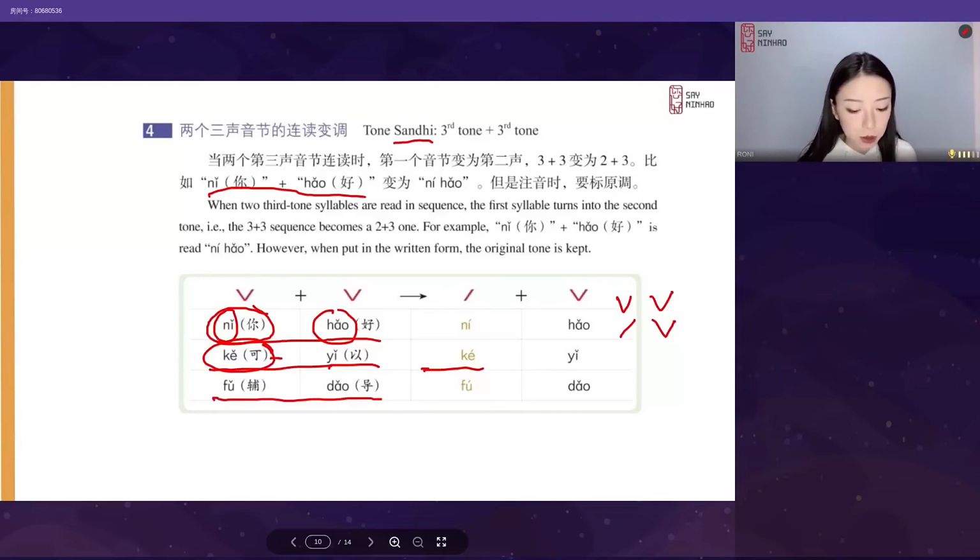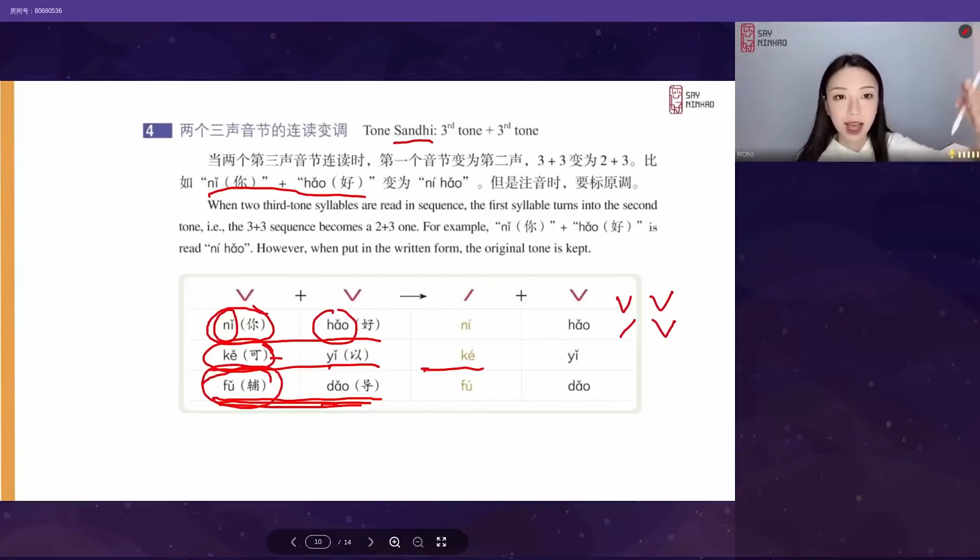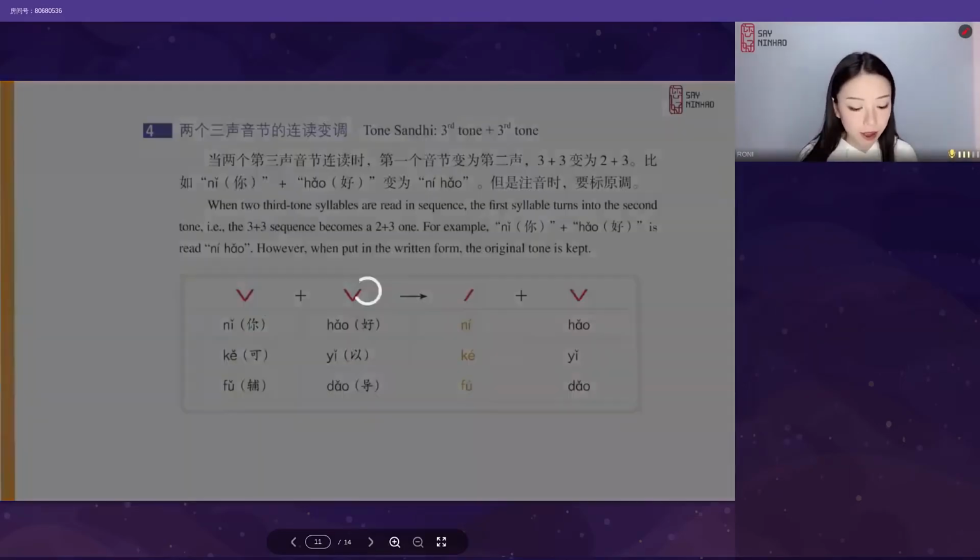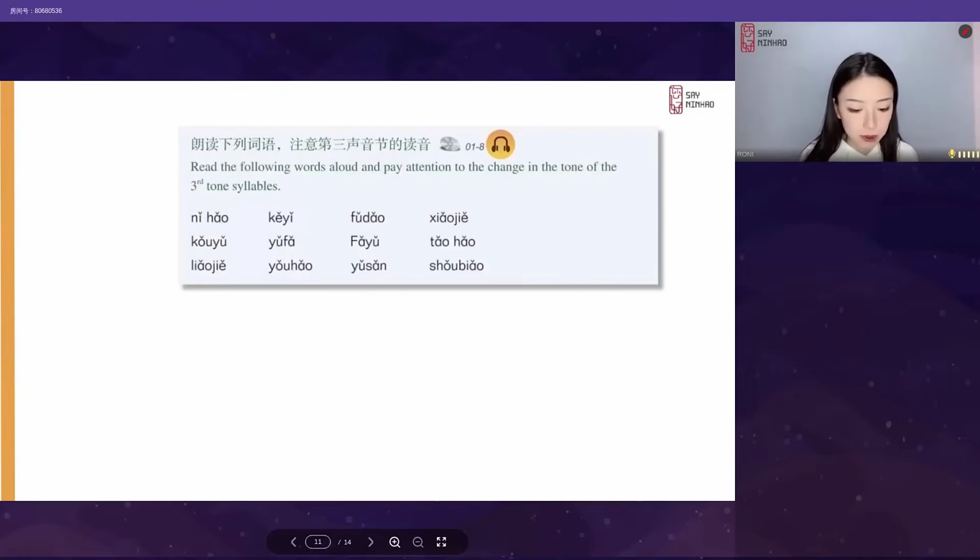Next, the last example is 辅导, with two third tones. 辅导 together means coach someone, be a tutor for someone. So when they're together, we should change the first one into second tone, right? So it becomes 辅导. Read after me, please. 辅导, 辅导. Okay, now let's try to practice.